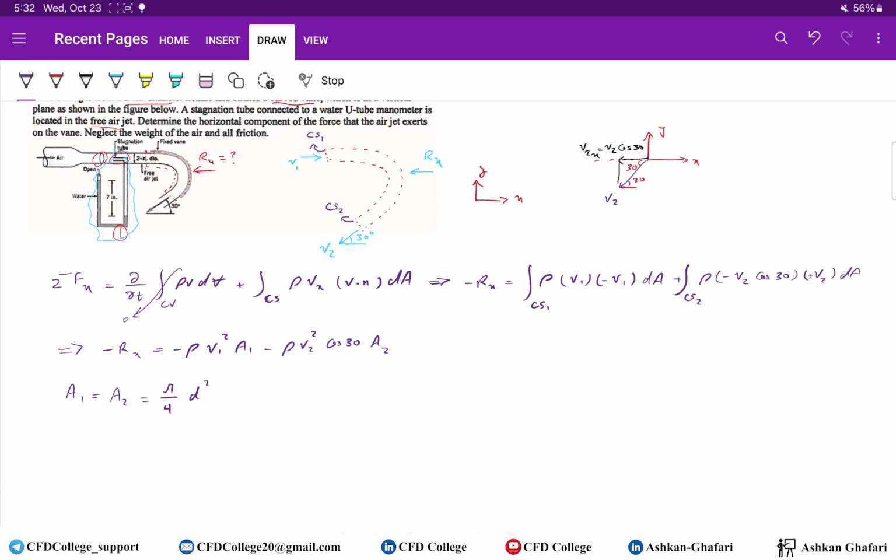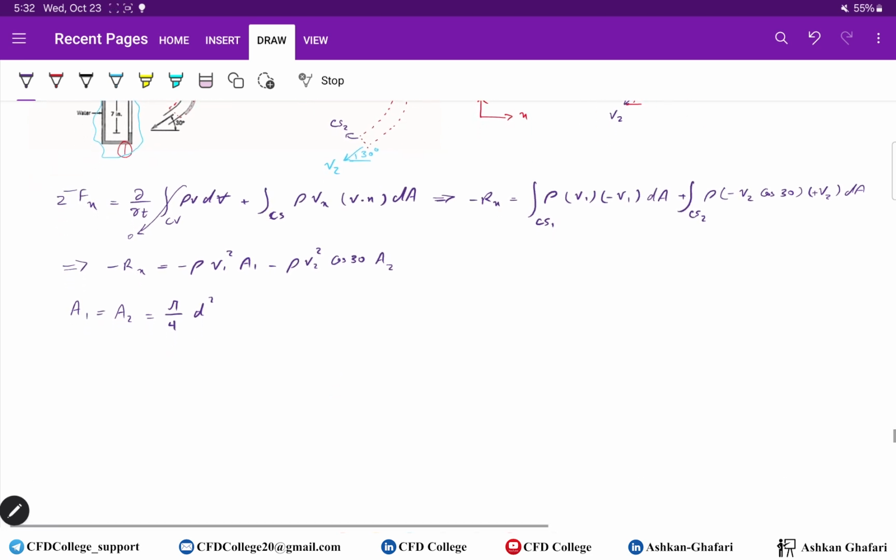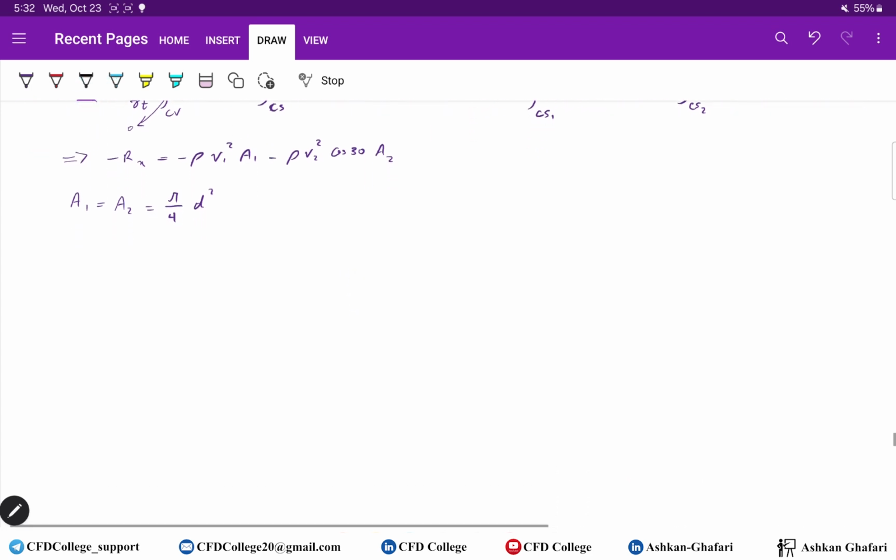As you know, the stagnation tube here can calculate the stagnation pressure.